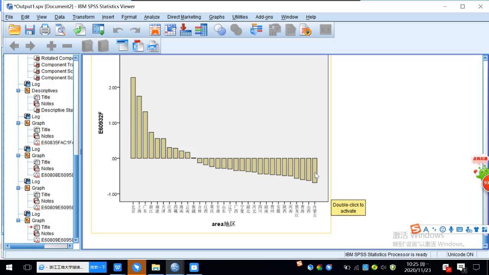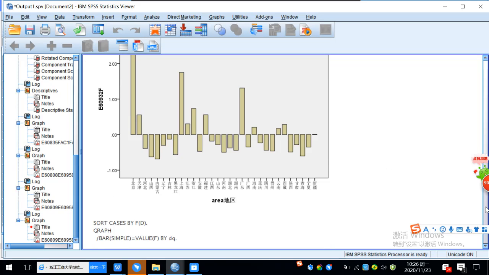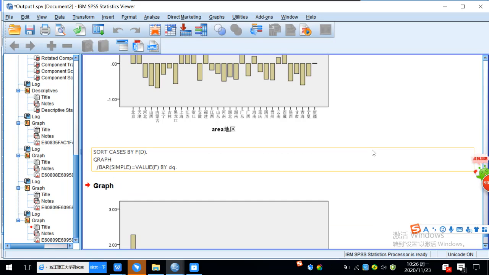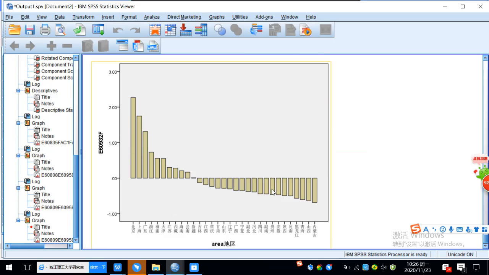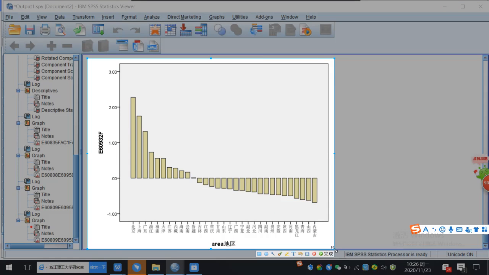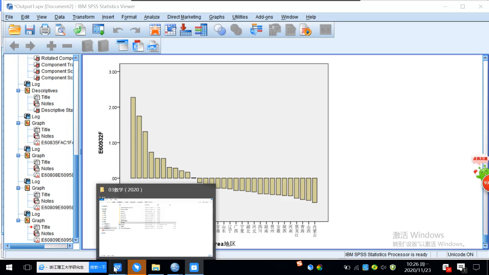Also here, Inner Mongolia is the lowest. And then Shanxi, Qinghai, Heilongjiang, etc. So this plot is clearer to show the income of the different areas.